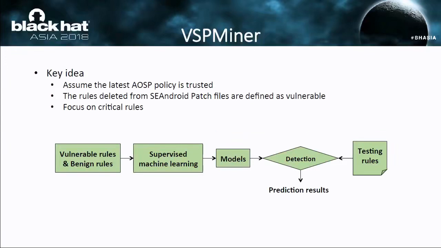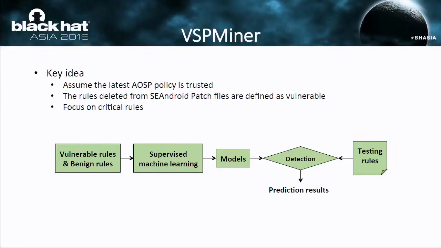So the key idea in our paper is that we assume the latest AOSP policies are trusted, and we define the rules that have been deleted from the patch files as vulnerable. This may not be strictly proper, but we want to say that if a rule is deleted from SEAndroid, it must have some problems.